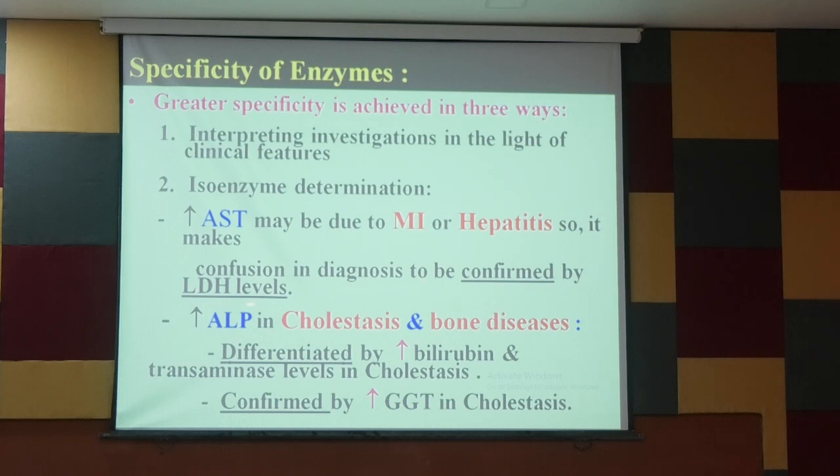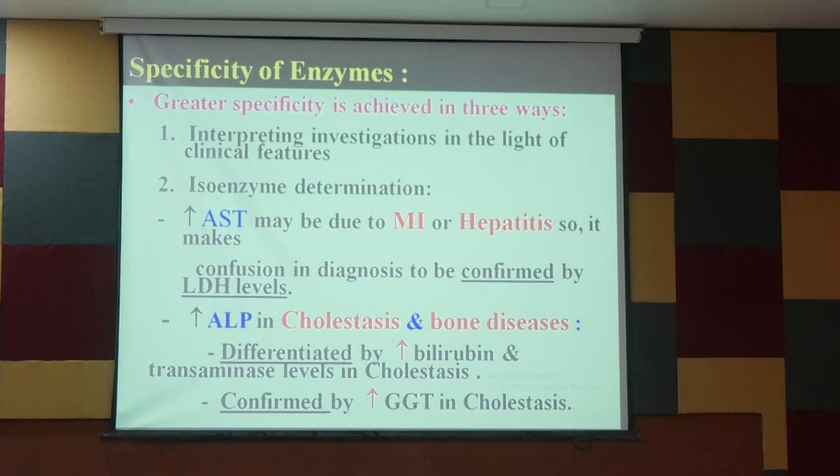We confirm by LDH. If LDH and AST are both elevated, then it is due to MI. If LDH is normal, then it is due to hepatitis. We will see later and complicate it further.